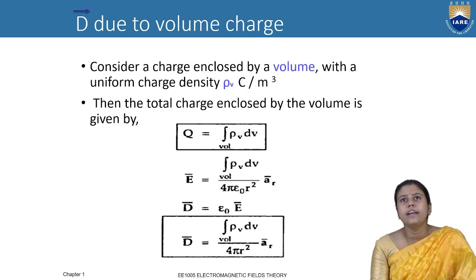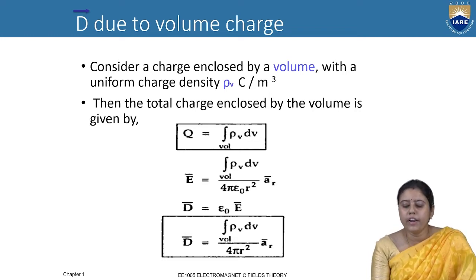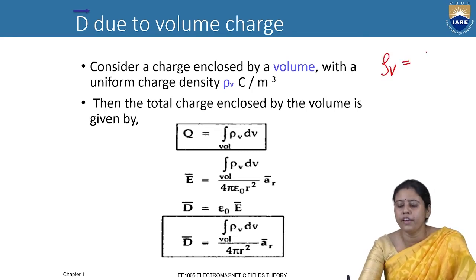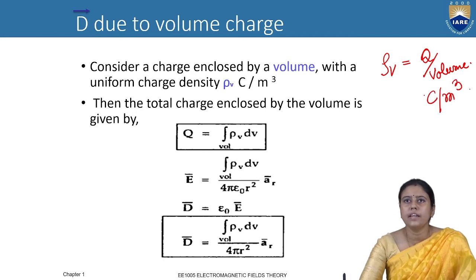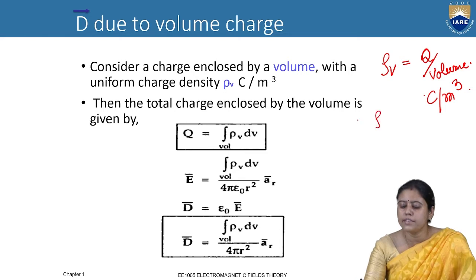Now D due to the volume charge. Similarly, when we are thinking about a volume charge, we know the volume charge density rho V is equal to charge per unit volume, meaning coulomb per meter cube. So what is Q?